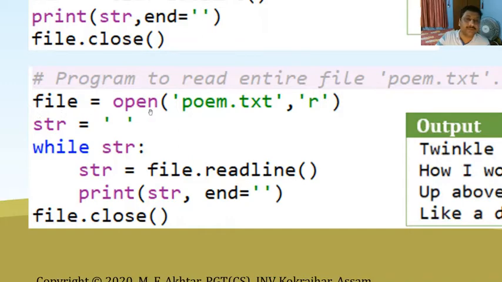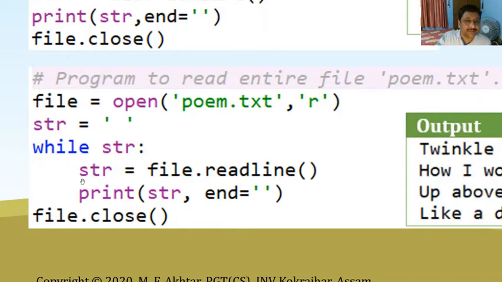Okay, file equals to open poem.txt, in read mode, opened the same way. Then str equals to blank we have given here, then while str. We are using a while statement here, a loop statement, because we don't know how many lines are in the file. See, so we have used a while statement like this.